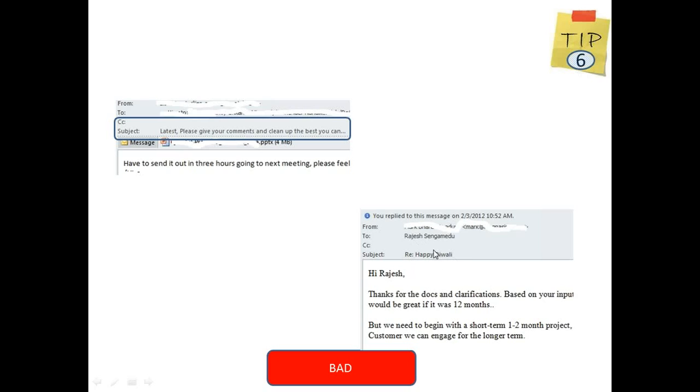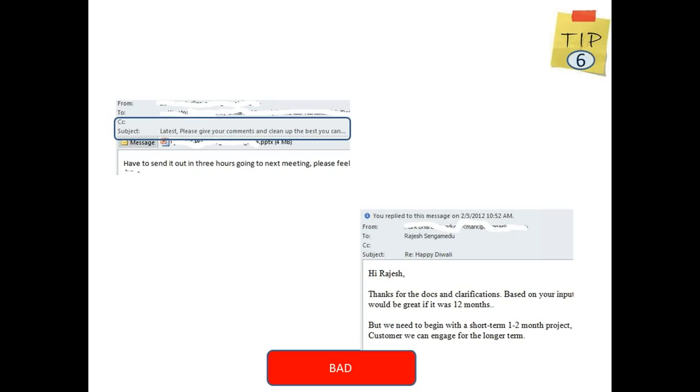Now what happens when you get a mail like this? First of all, it may go into your junk mail automatically because of your mail filters. Second thing is, I may actually not be in a position to think that this is an important mail for me. And many people do set up their own personal filters.